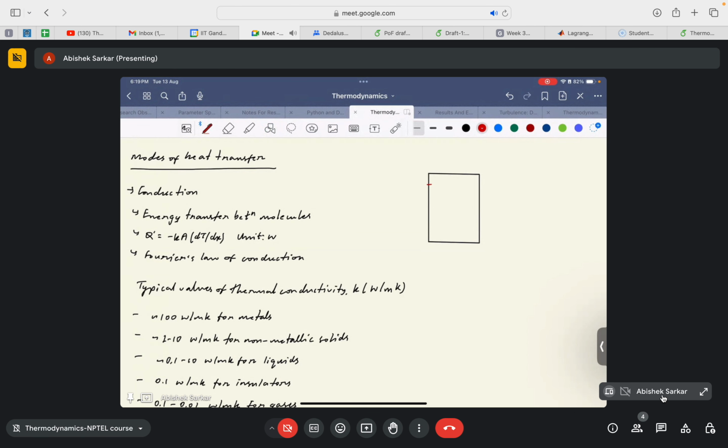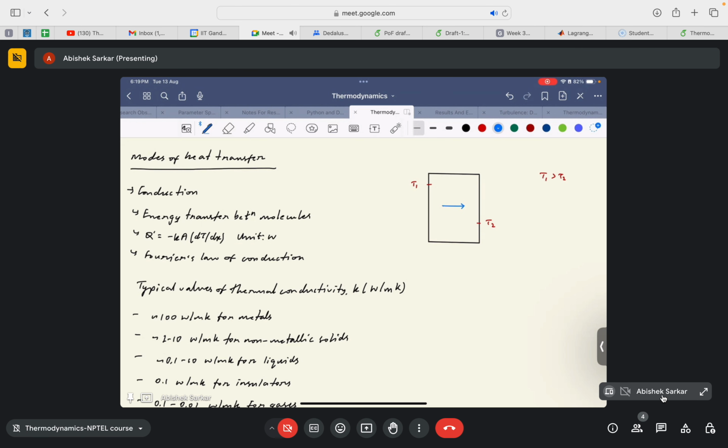The outer or left surface of the slab is at temperature T1, and the right surface is at temperature T2, and T1 is greater than T2. Then the spontaneous heat transfer that I mentioned previously would occur from T1 to T2, in this direction, from left to right.